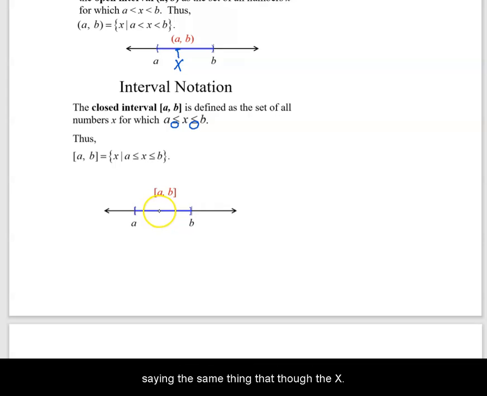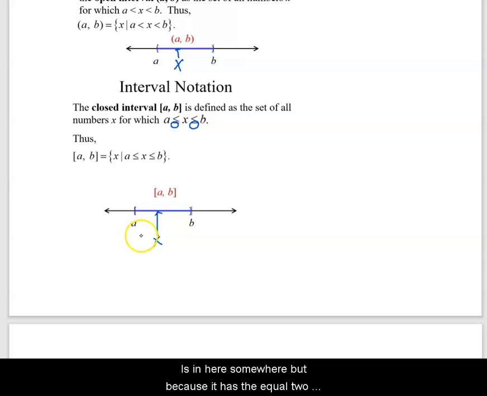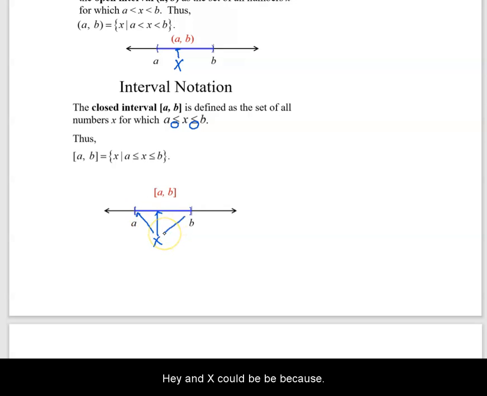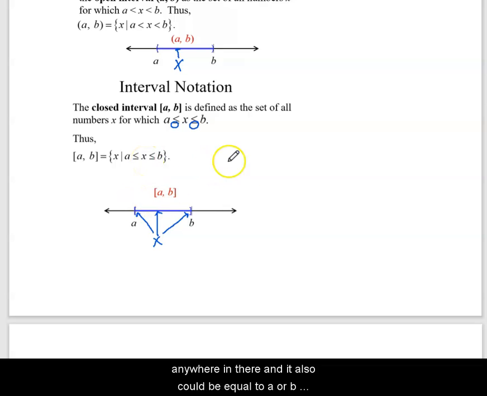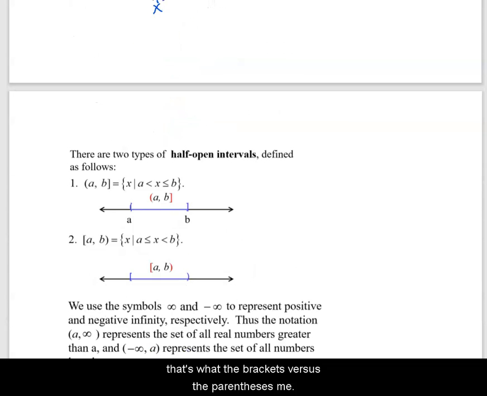It's saying the same thing, that x is in here somewhere, but because it has the equal to parts, x could be A and x could be B. So it could be anywhere in there, and it also could be equal to A or B. That's what the brackets versus the parentheses mean.